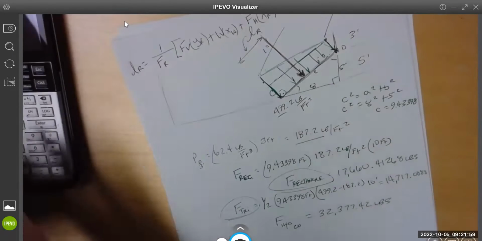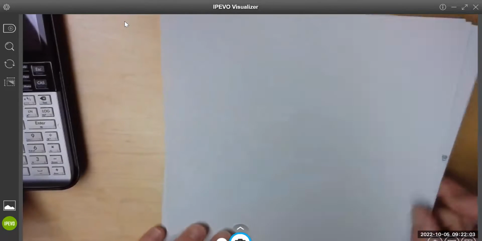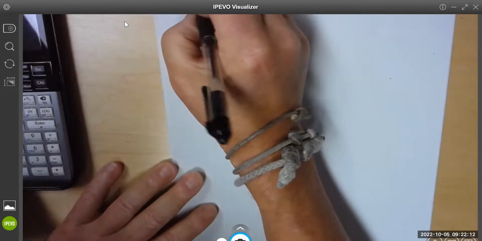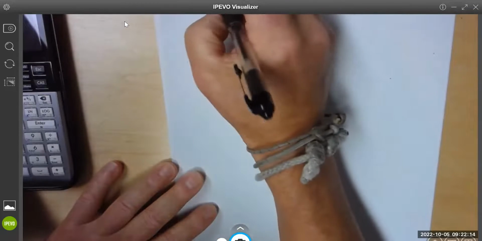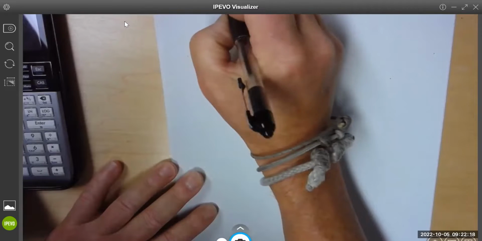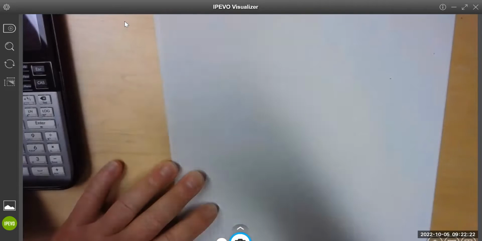I'm going to draw a new picture. I'll write it right up on top, and then I'll try and write it out. So it's 1 over F sub r. And this is being recorded, so you could look at it.